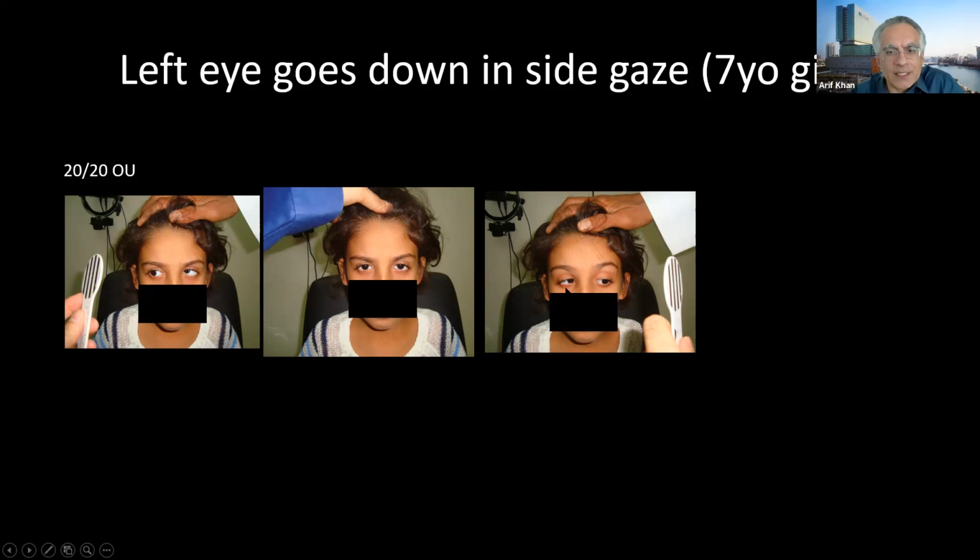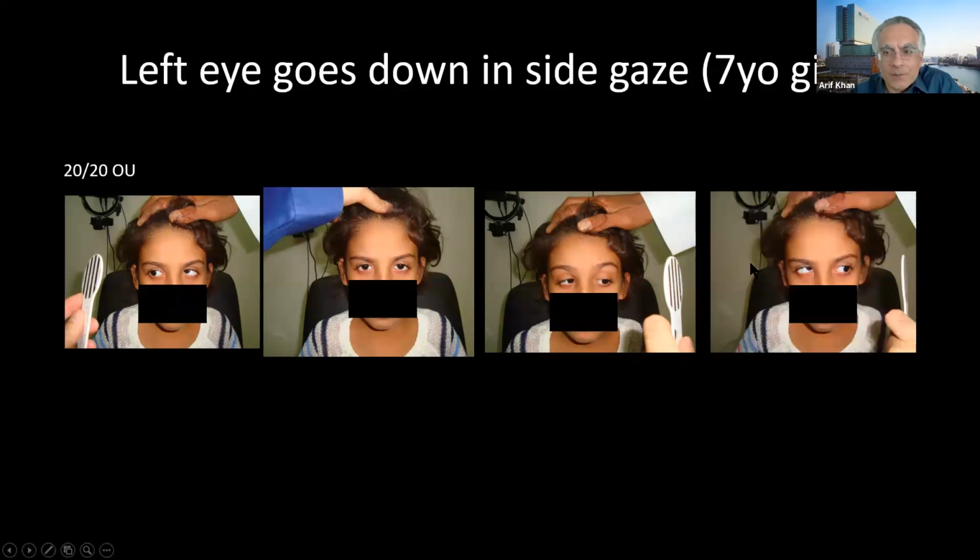And what's happening here is the patient is actually looking with this eye, and this eye is going down. Had she been looking with this eye, it would be going up with the inferior oblique overaction, just like it's happening here. So when we tell her to look with the left eye, she has the expected inferior oblique overaction here.